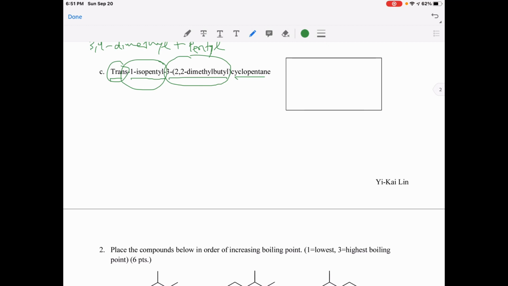If you consider the cyclopentane ring as a flat surface, one of those substituents would be above the plane in which the ring exists, and the other would be below the ring. So with that in mind, let's note everything down. The stereochemistry is trans; the substituents are trans to each other. And our parent chain is cyclopentane.